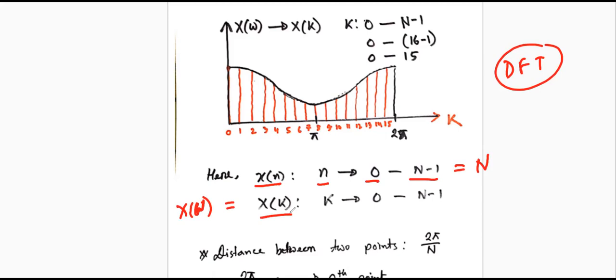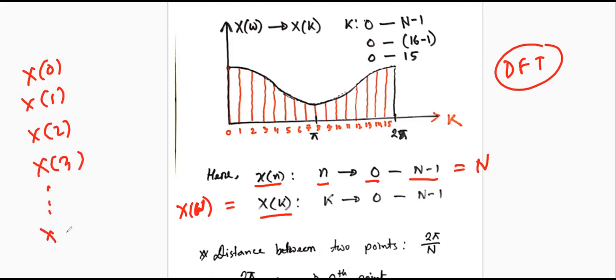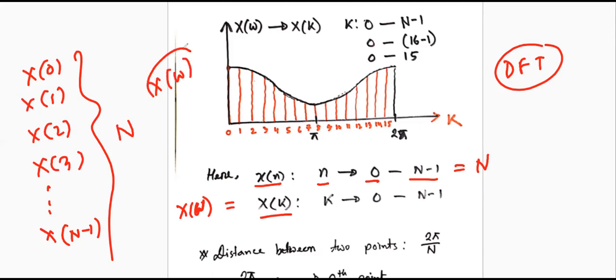What is X(k)? That is a different range of k. So that means X0, X1, X2, X3, and up to X(N minus 1). So how many samples do we have? We have capital N samples, and we choose those N samples from the spectrum of X(omega). We should choose altogether capital N samples.